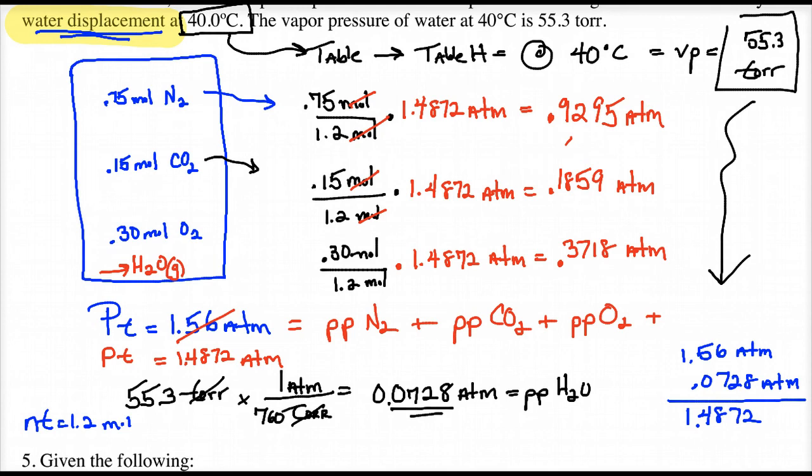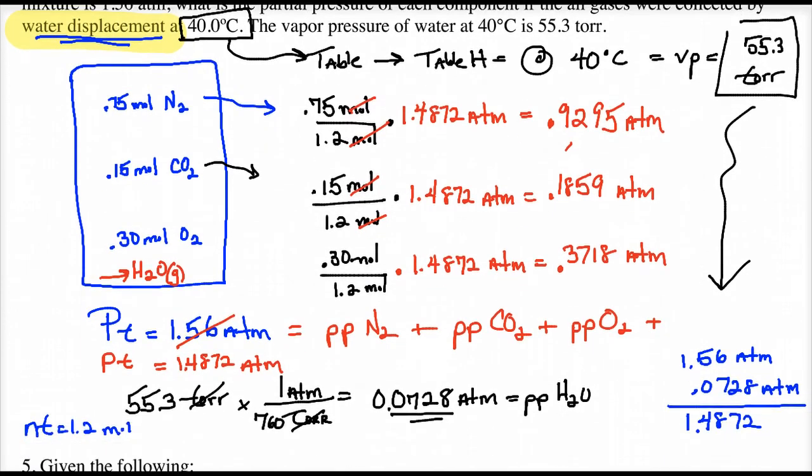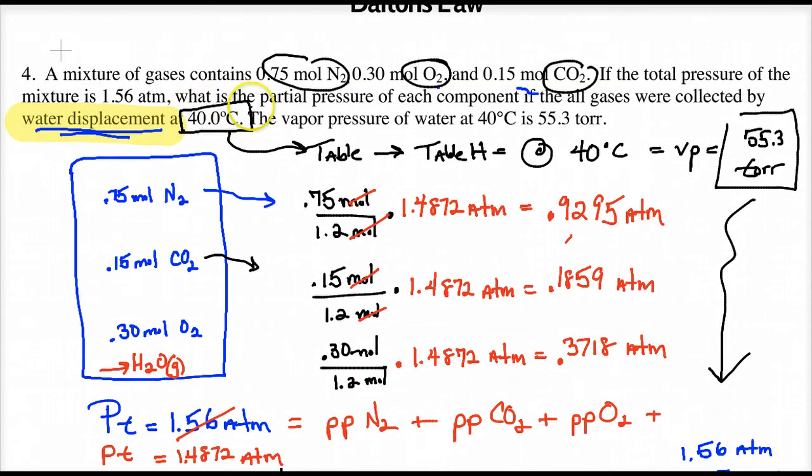And what were they looking for? I think they just wanted the partial pressure of each component. Let's just convert this to the correct number of sig figs. Look at my numbers. 40.3 is 3. That has 2. That has 2. That has 2. I don't consider this 40 because this is from tablature, okay?